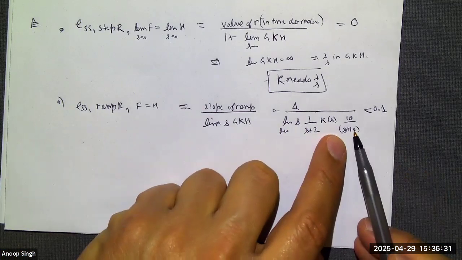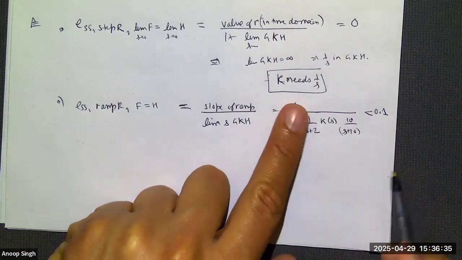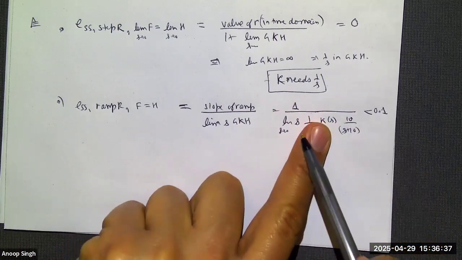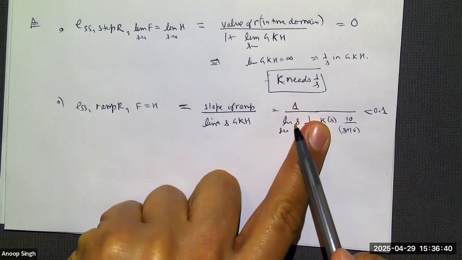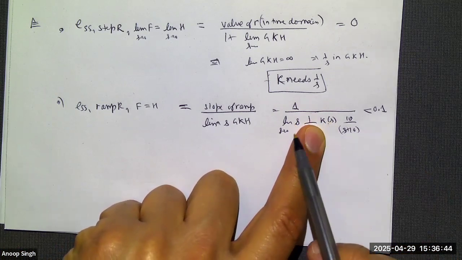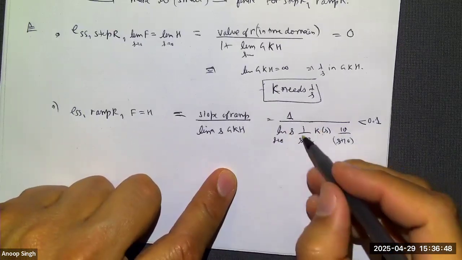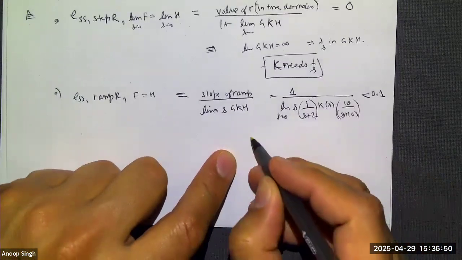If I plug S equal to 0 over here, it's going to become 10 over 10, 1. If I plug S equal to 0, this is going to just become half. But I can't plug S equal to 0 over here yet, because I don't know what controller might have. Controller might cancel that S equal to 0. So we don't know that. So all the safe places, you can put your S equal to 0.